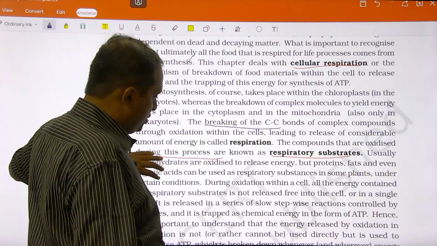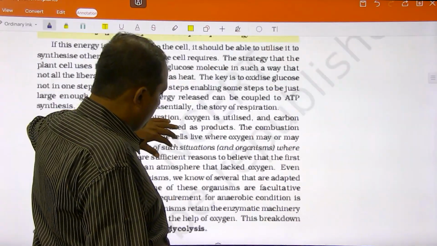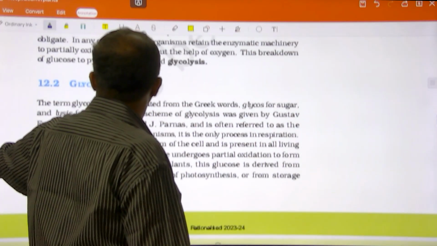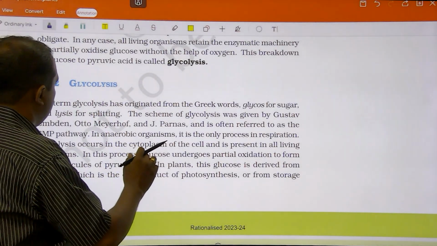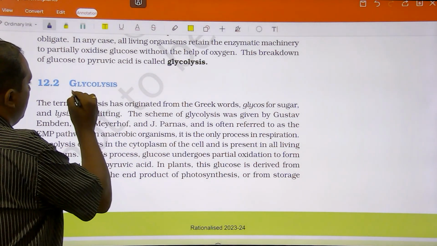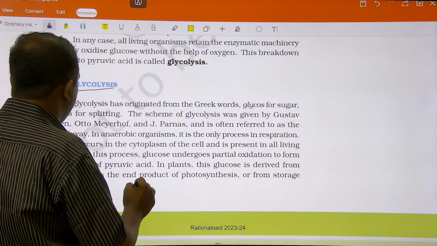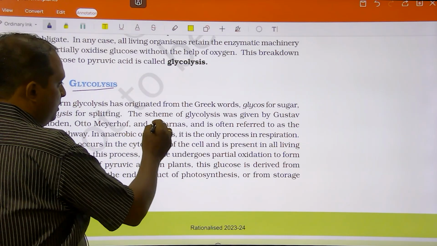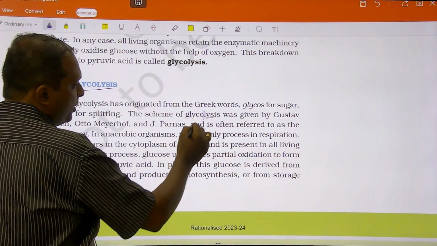So the next thing that we are supposed to do is glycolysis. Glycolysis, is it clear? See, glyco means glucose, lysis means breakdown, right?